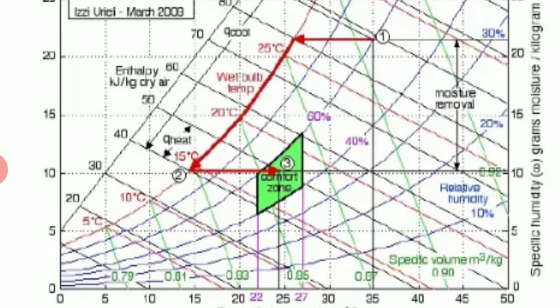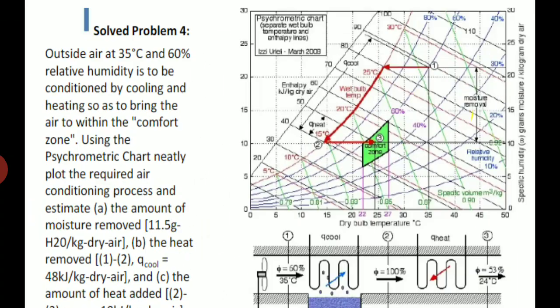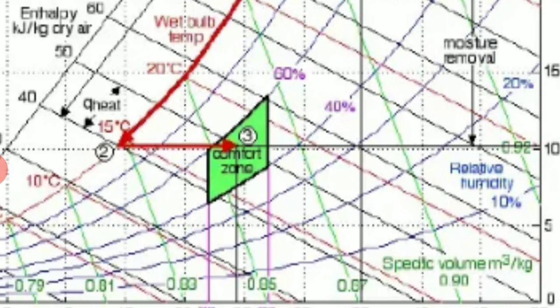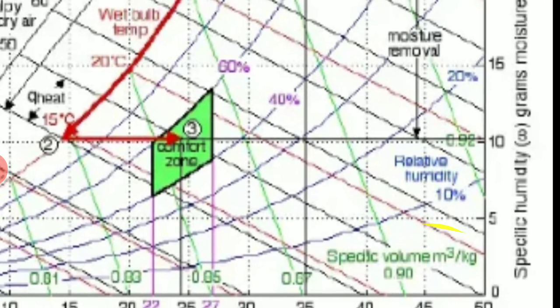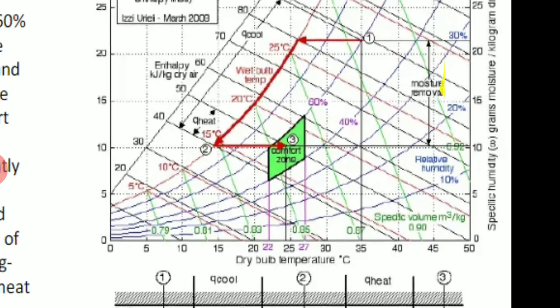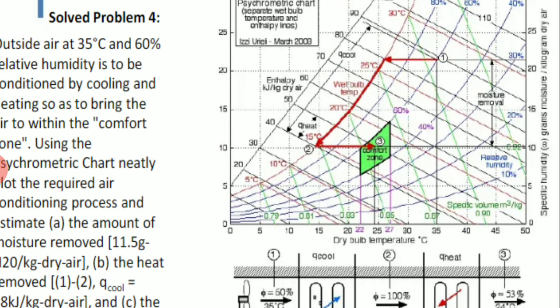Corresponding to point 3, move horizontally towards the right hand side, and you can obtain 11 grams or 11.5 grams of water vapor per kg of dry air. So from point 3 or point 2, move towards the horizontal line, and you can read it on the y-axis, the W scale. It is called the W value.